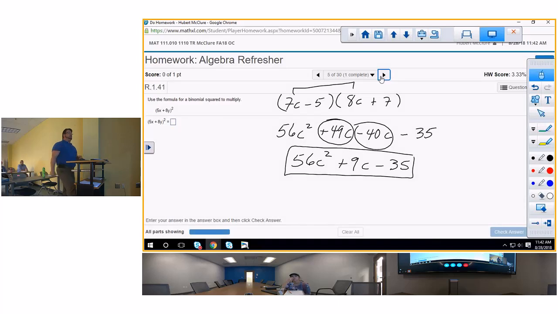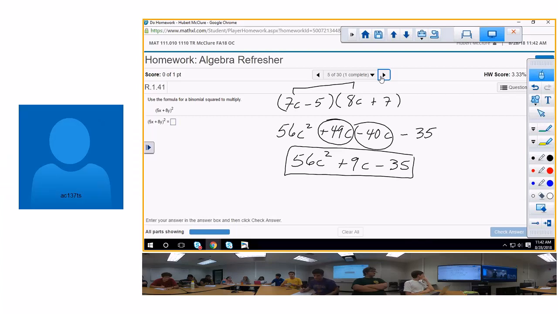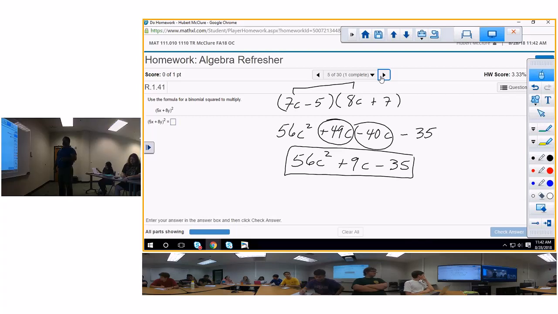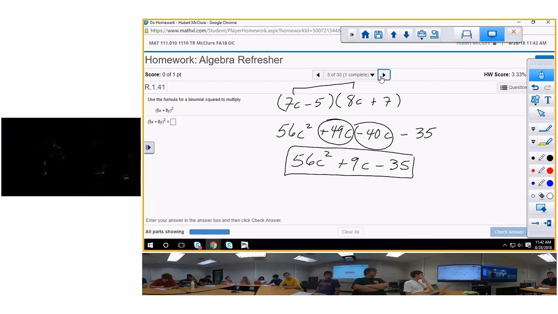All right, next question. Shortcut number 1. Shortcut number 1 is going to be 25x squared plus 80xy plus 64y squared. I do that not to try to impress you. I do it because there's always some butthead in the class that goes, well, I'll just do the FOIL method.